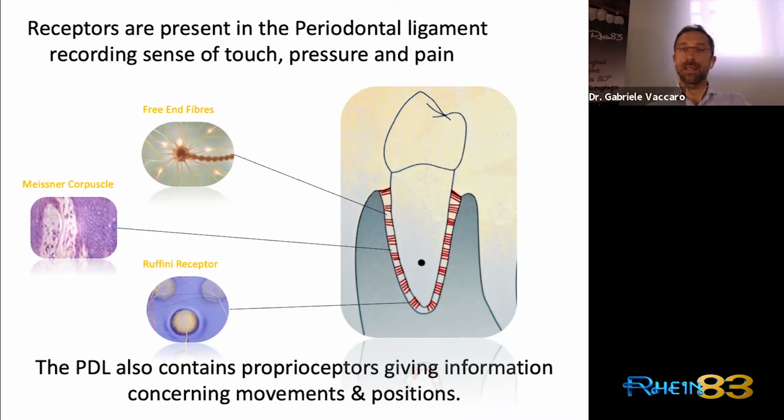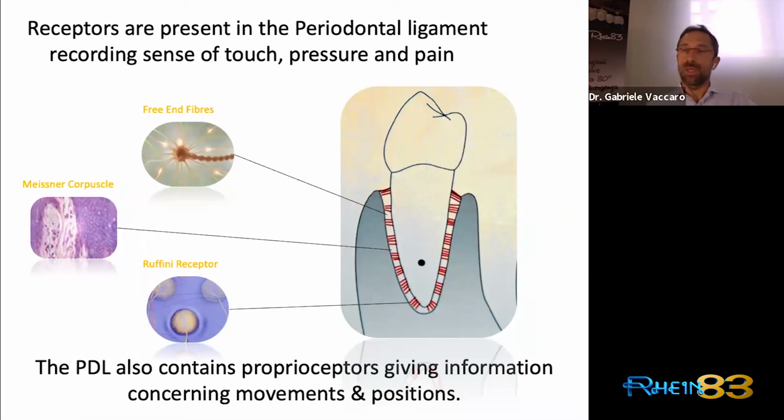And in the periodontal ligament we have different kinds of corpuscles, like Meissner corpuscles or Ruffini receptors, that give us the sense of touch and pressure, and the free nerve endings that give us the sense of pain.